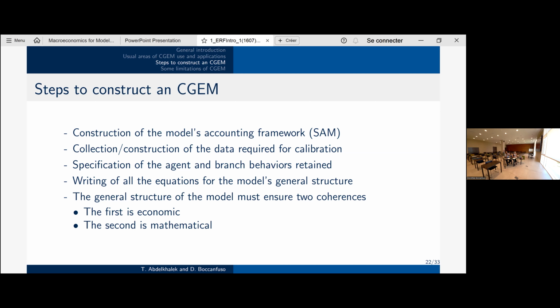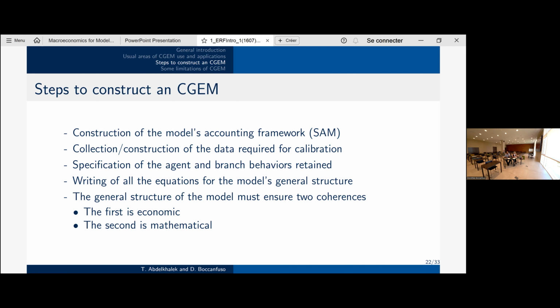And the general structure of the model must answer at least two requirements. When we construct a CGE model, we must have in mind two characteristics to satisfy. The first one is the economic one. If we construct a model that does not satisfy the economic axioms, the model cannot be interesting. It will be wrong.